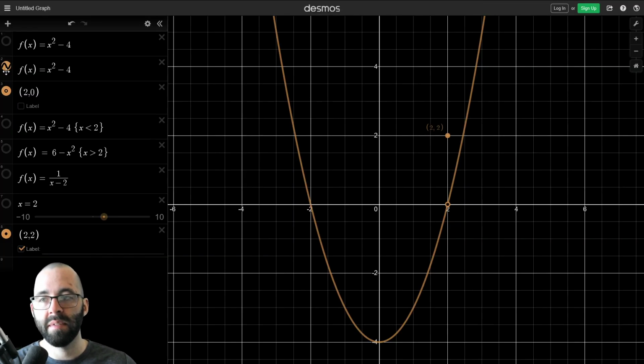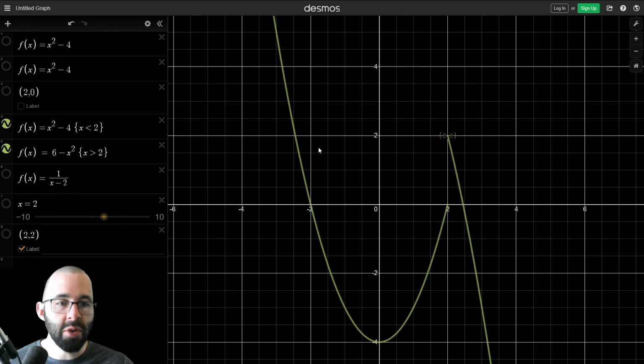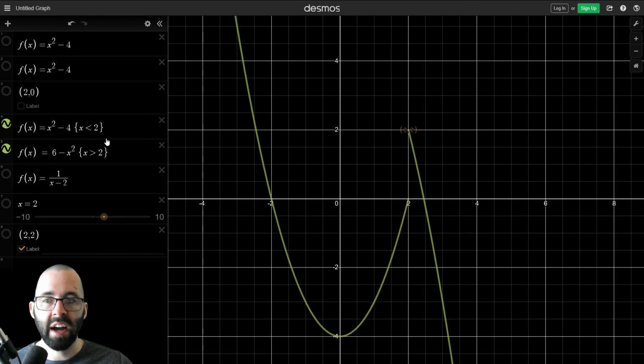Going to part C. Part C is another piecewise function. It has two different pieces, and each piece is part of a parabola. Now in this function, as x gets really close to 2 from the left, what is our y value getting really close to?